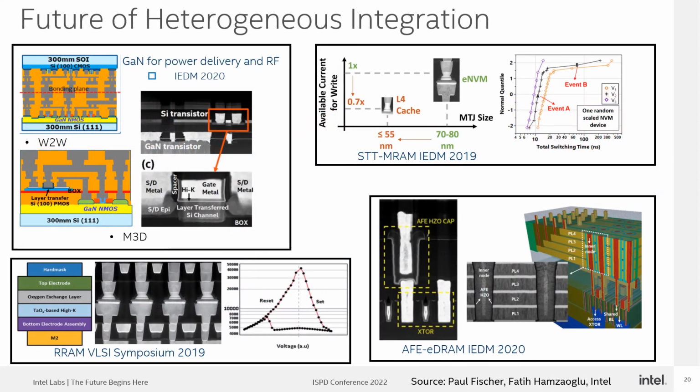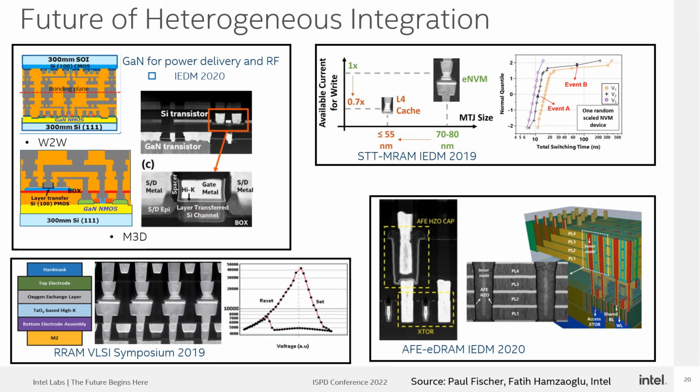Finally, let's talk about where we are going. In terms of the future of heterogeneous integration, Intel has published gallium nitride based wafer to wafer bonding as well as monolithic 3D solutions. So we are proposing to use gallium nitride, highly densely integrated, for power delivery and RF applications. That solves the high voltage device problem.